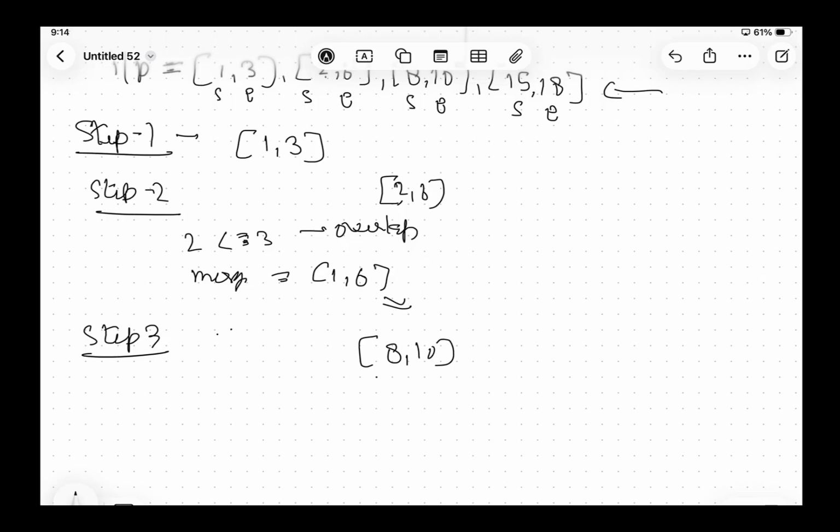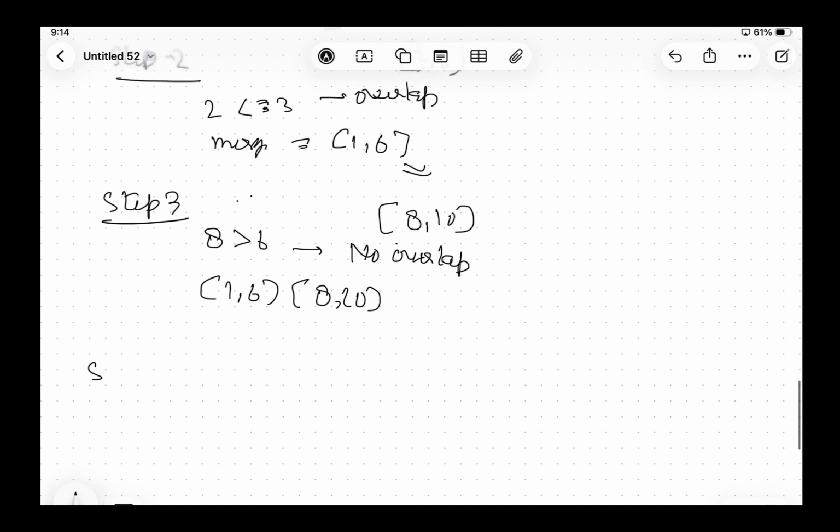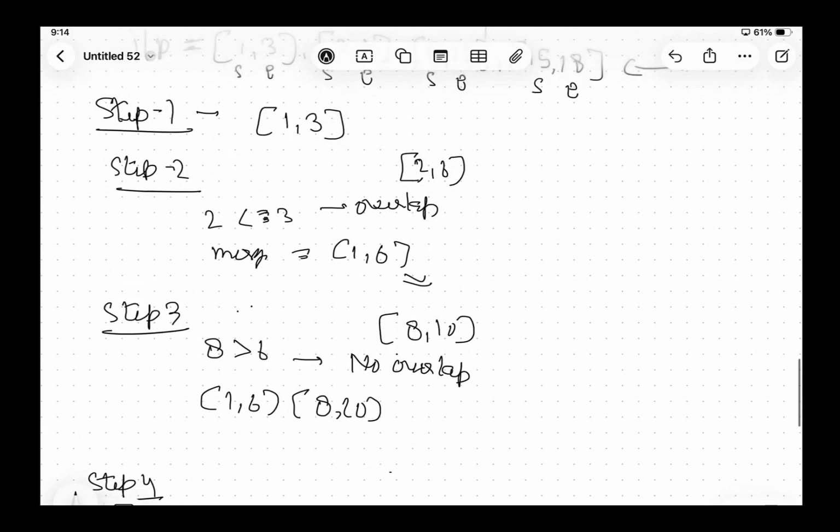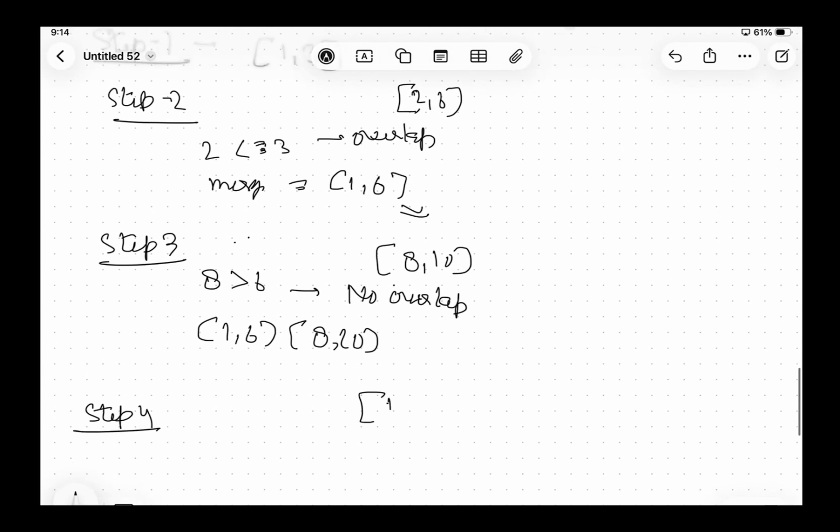Let's compare: 8 is greater than 6, no overlap, so I simply add it. Now the result becomes 1, 6 and 8, 10. Now coming to step 4, I compare with 15, 18.